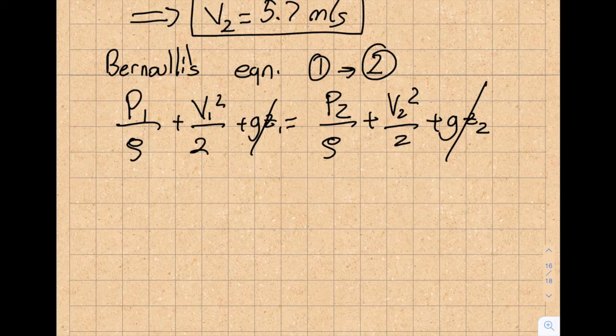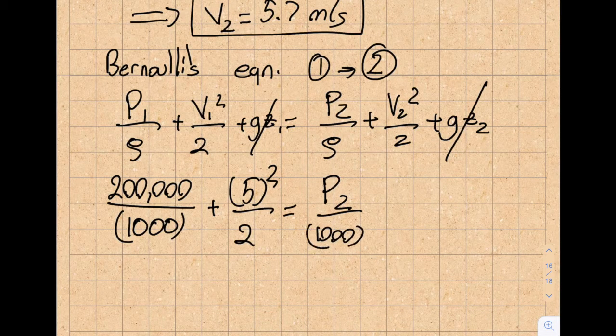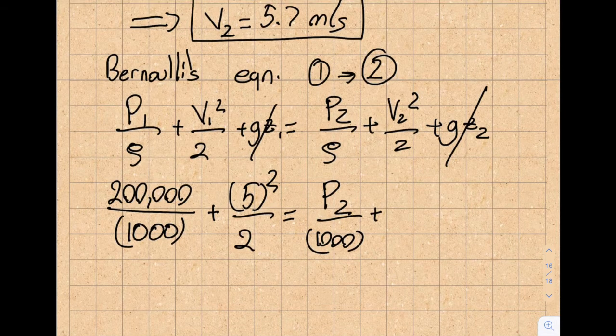Okay, P1 was given to me as 200,000 divided by density, which is the 1000 kilogram per meter cube, plus V1 square, 5 square divided by 2, will be equal to P2, which is what I'm being asked to find, over 1000, plus V2, which is 5.7 square divided by 2.